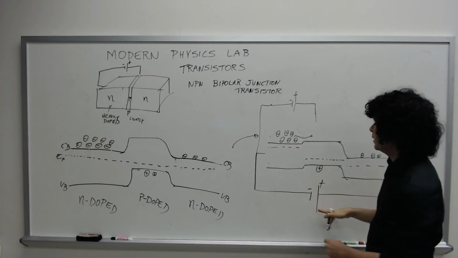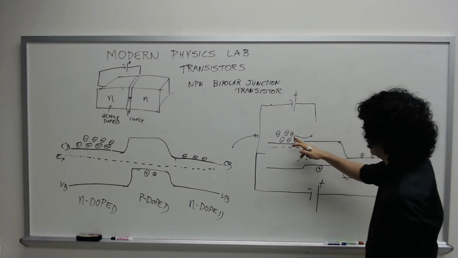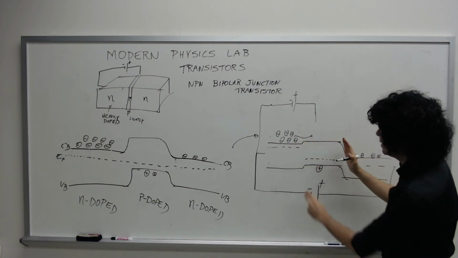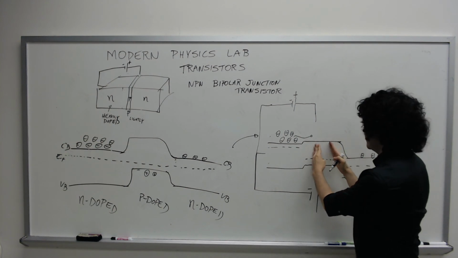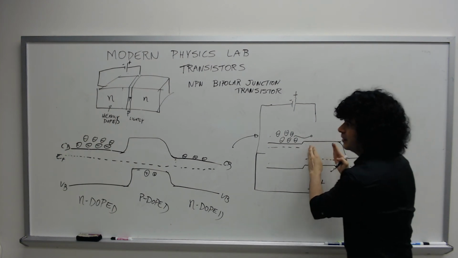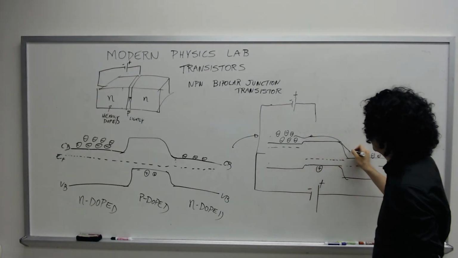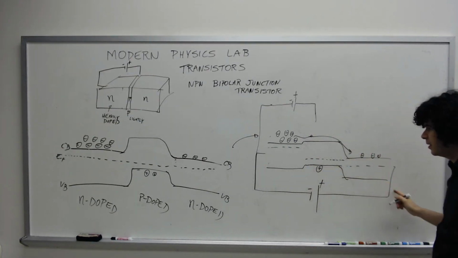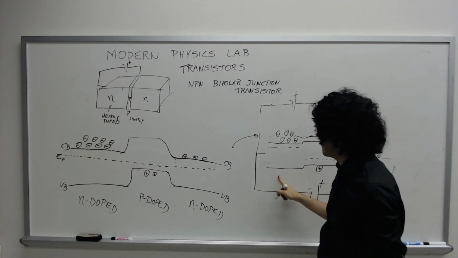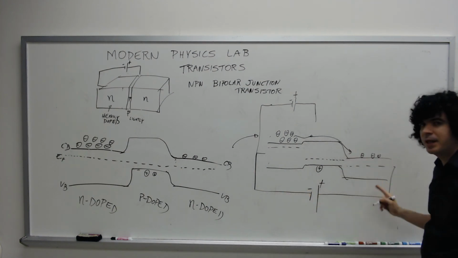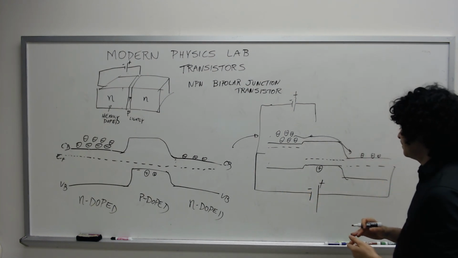Now I apply this voltage, and because this is a very thin layer, not on scale here, remember that it is very thin, the electrons can travel this way. They can jump from this n-doped side to this n-doped side.